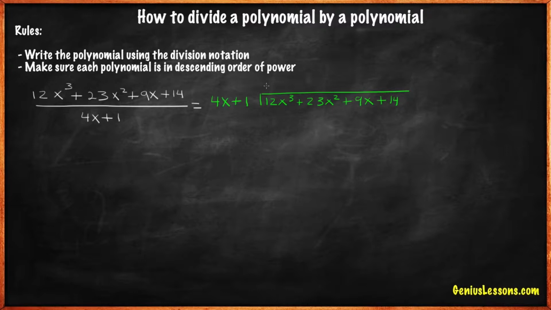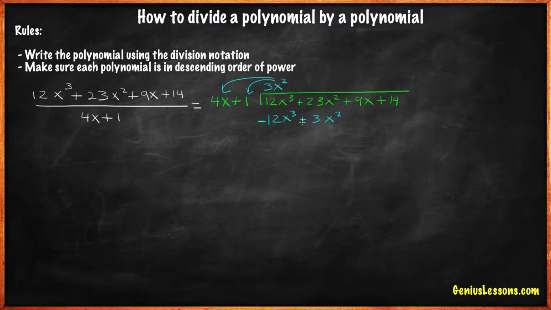Make sure each polynomial is in a descending order of power. And yes, they are. Now we need to find out what times 4x will give us 12x cubed. 3x squared times 4x will give us 12x cubed. So 3x squared times 4x is 12x cubed, and 3x squared times 1 equals 3x squared.